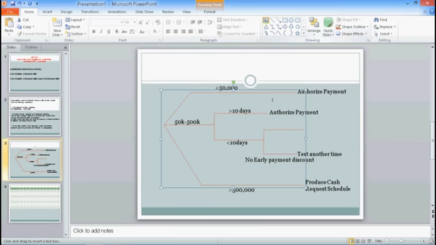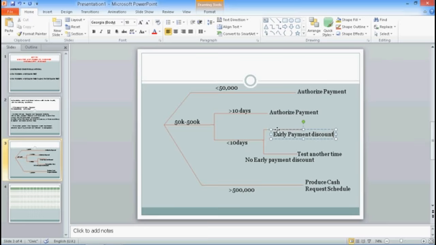discount. So here we say there's an early payment discount. Now because there's an early payment discount, what happens?